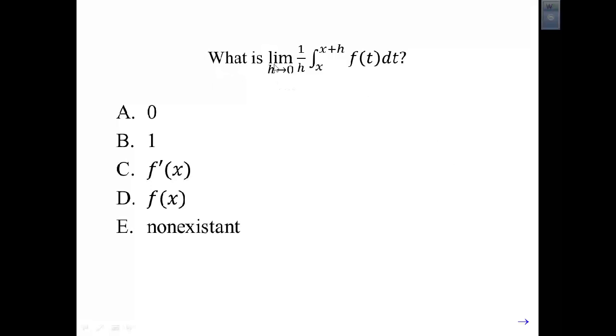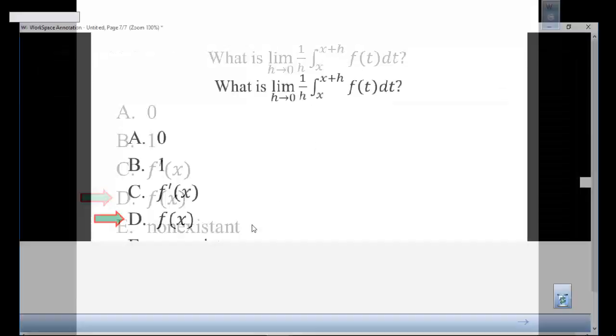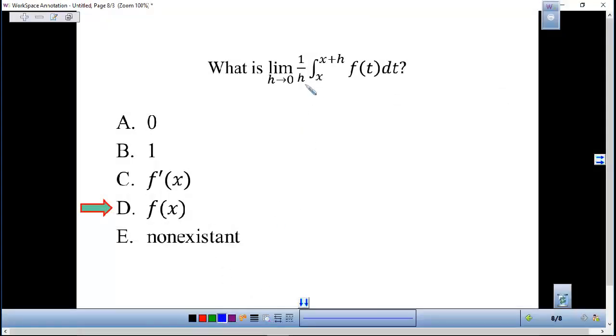All right, what is the limit as h approaches 0 of 1 over h times the integral from x to x plus h of f of t dt? All right, now this thing looks way more complicated than it actually is. Let's look at it, and I'm going to break it down for you here.